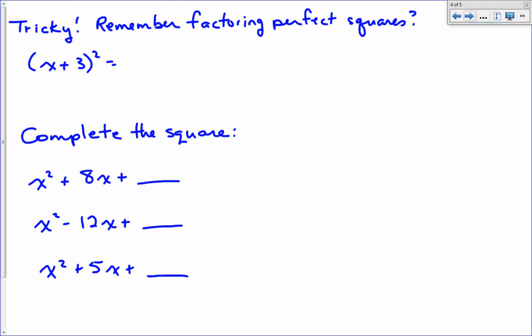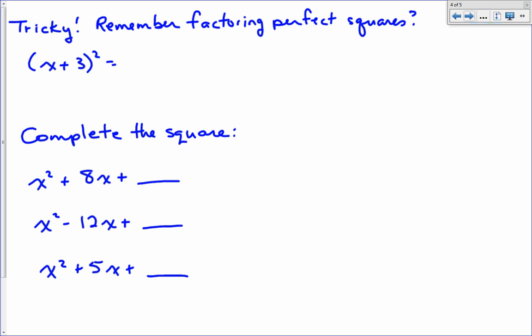Okay, for the next question that we're going to do, we're going to have to remember some skills from factoring so that we can switch equations of ellipses into standard form. So we're going to review what perfect squares look like. If you think about (x plus 3) squared, remember that's (x plus 3) times (x plus 3).